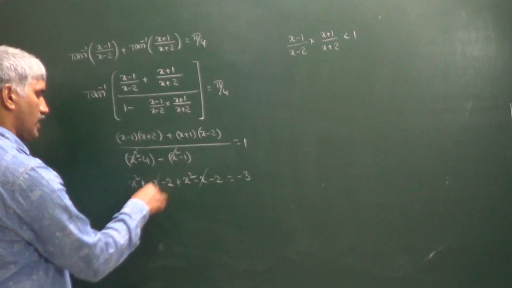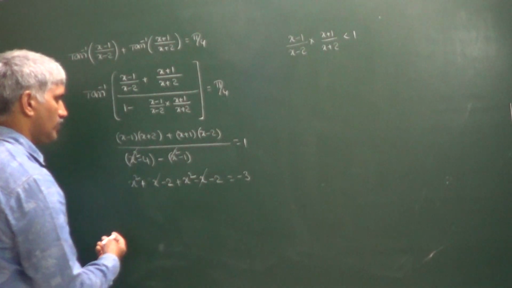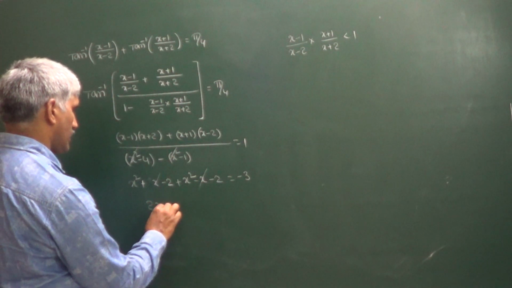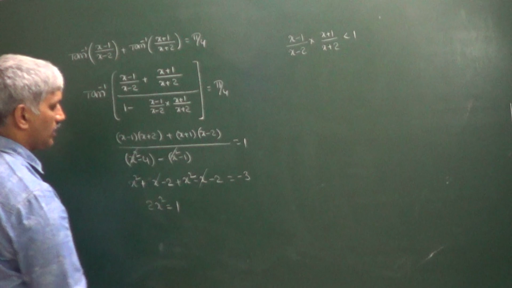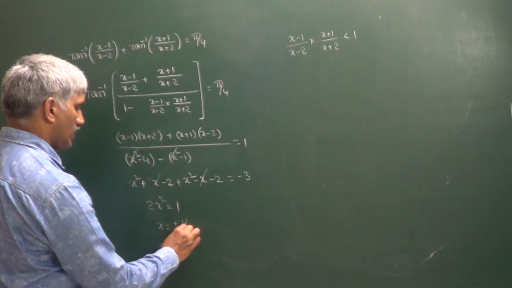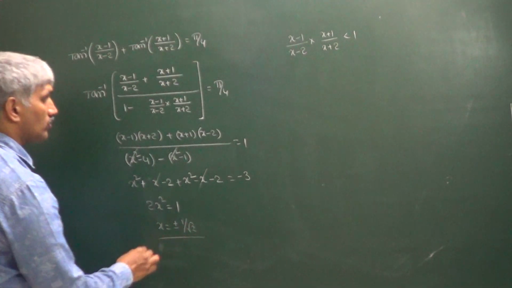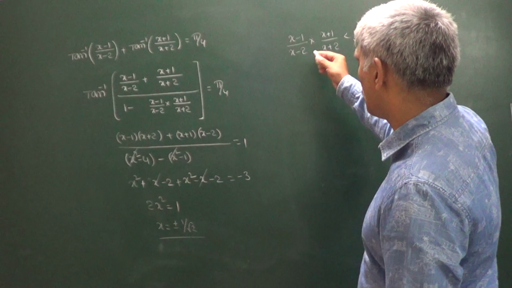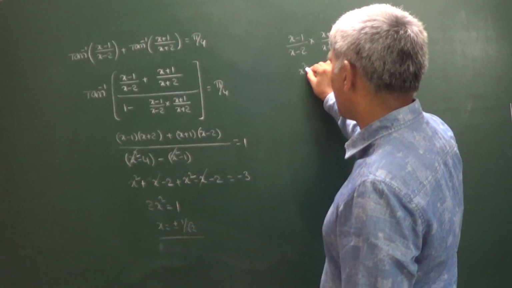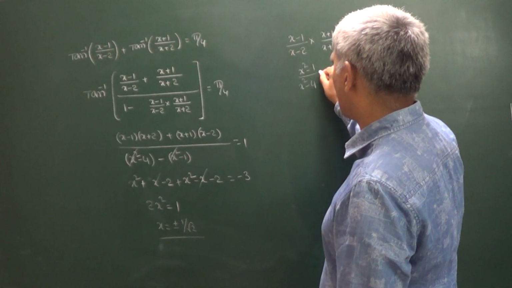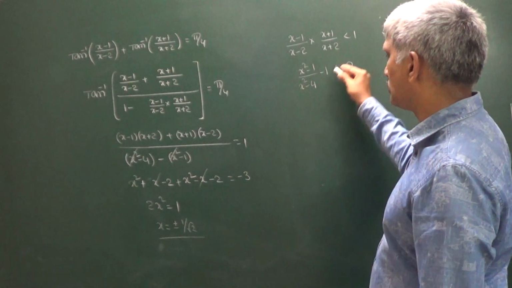Here plus x minus x cancel, then we are getting the simplification as 2x square is equal to 1. That means x is equal to plus or minus 1 by root 2. Okay, x values we got plus or minus 1 by root 2, and we got the information here: x square minus 1 divided by x square minus 4 minus 1 less than 0.